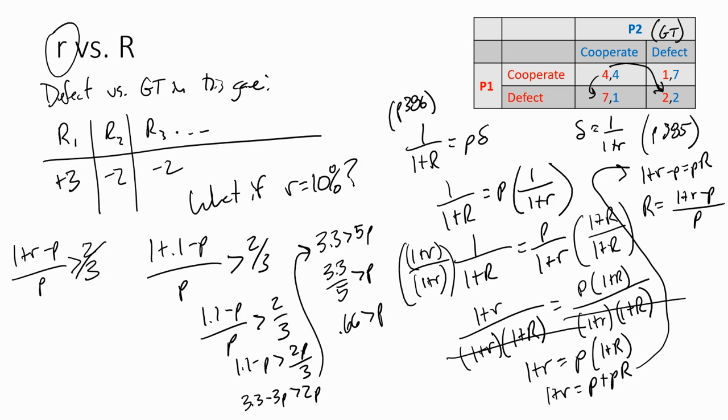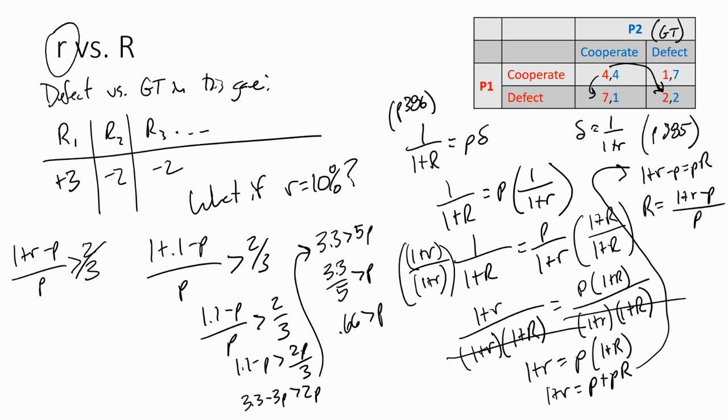So this is a relatively reasonable, but low relative to numbers we've seen, actual rate of return, actual lowercase r. And so what this says is this is a relatively low rate of return. If they're very sure that the game will continue, then they're going to cooperate, right?